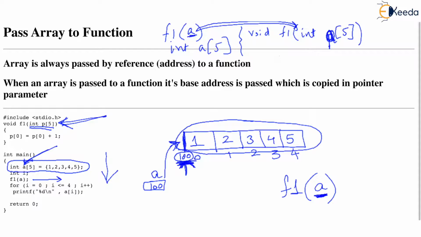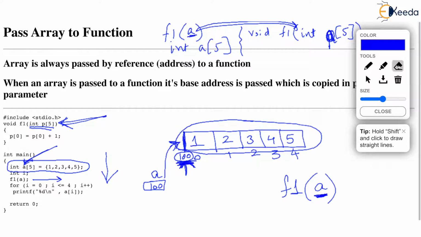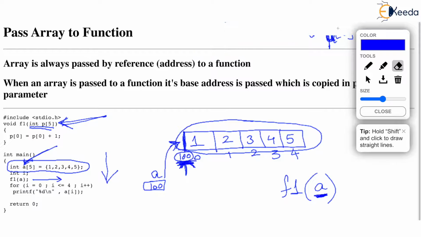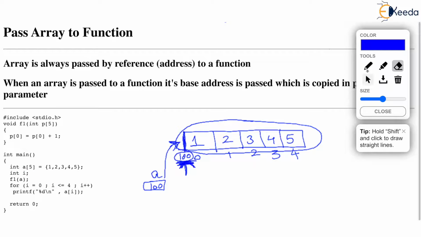Okay. Now the thing is, something really very interesting I am telling you. And this will of course close the discussion of how you pass an array and what happens when you pass an array to a function. The discussion here will end in just one statement.